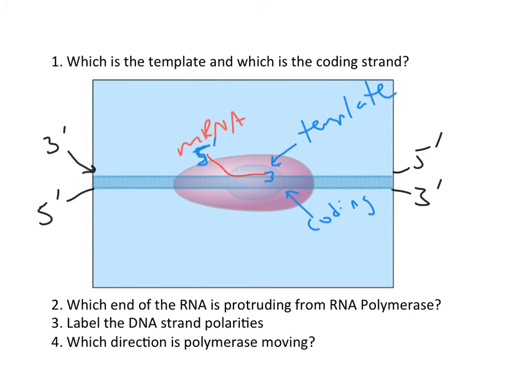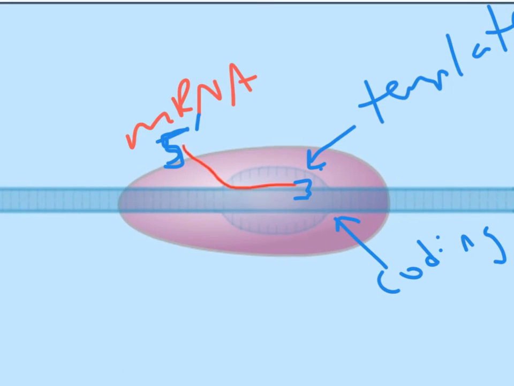Finally, which direction do you think polymerase is moving? Going left to right or right to left? So that 5'-most nucleotide corresponds with the nucleotides down here.